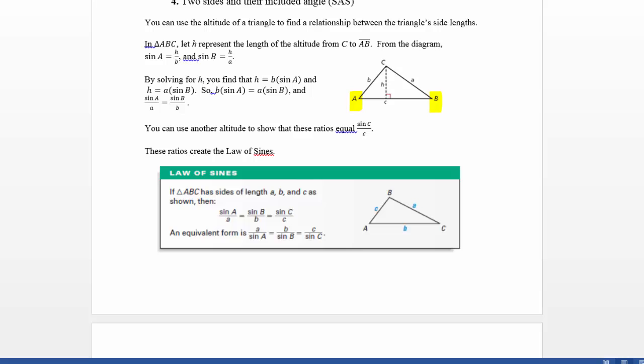Now, you can see in this little content box that you can write the proportion or you can write the ratios in either way, with the sine of the angle on top or the bottom of the fraction. So either way that you choose to write it is correct. So, all right, in the next video, we'll take a look at an example and work a sample problem.